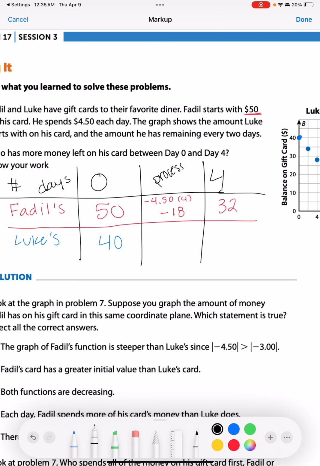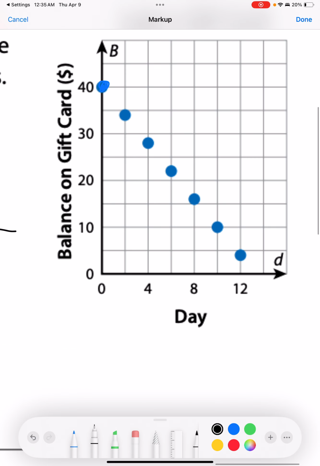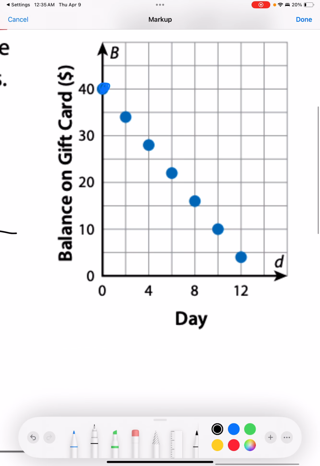All right, then for Luke's, I'm going to have to find the slope. Because day 4 right here, not an exact point, right? And we never just guess where a point is. We want to find out. So I'm going to find the slope. I'm going to use 2 exact points, which are here at the y-intercept and here. And draw my little triangle.